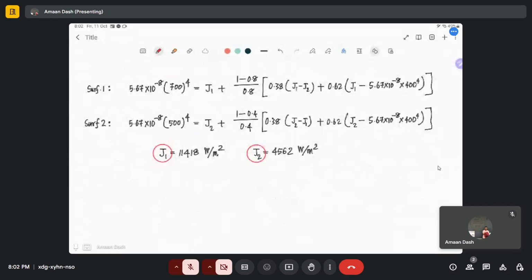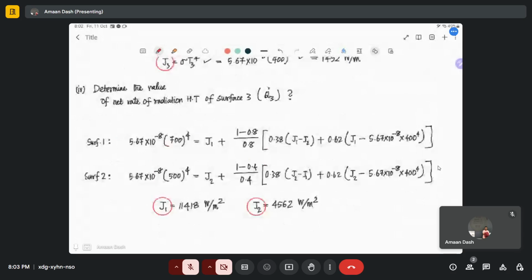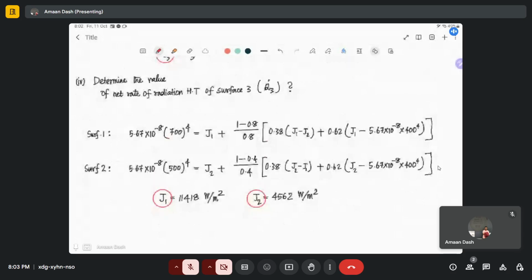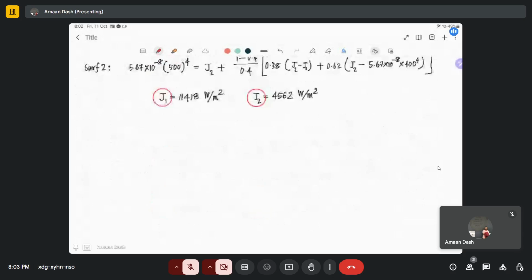Instead of J1, we will be having J2. Instead of epsilon 1, we will be having epsilon 2, that is 0.4. So this is 0.4, 0.4. And this will be F2 to 1. So I'm erasing this and this.